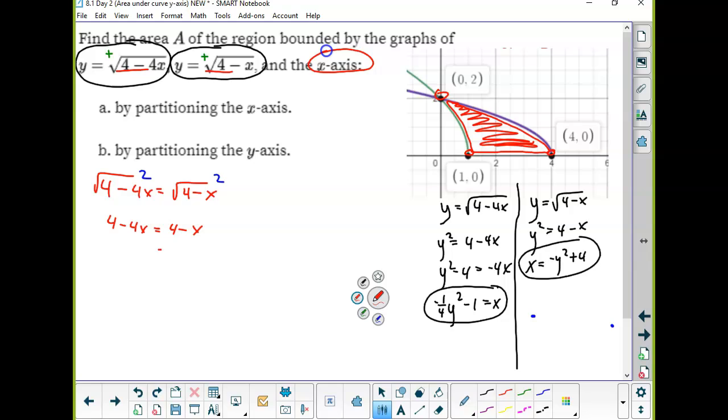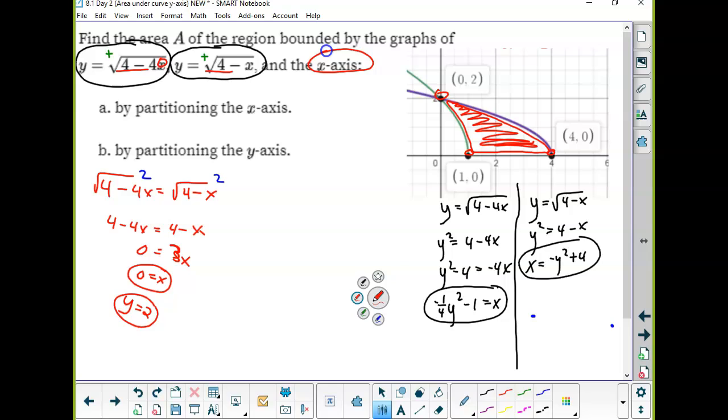If I add the 4x over here, I get 3x. And then if I subtract the 4 over here, I get 0. So I basically get 3x equals 0 or x equals 0. Well, what if I plug 0 in right here? That leaves just 4. Square root of 4 is 2.